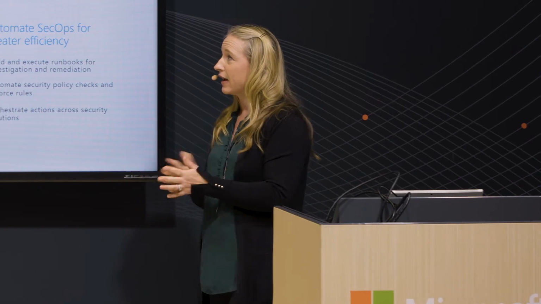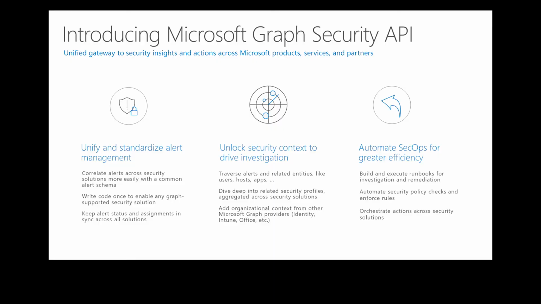So the security API is really designed to help with those challenges. It provides a unified gateway for connecting to security insights, not only from Microsoft's suite of security products and services, but those from our ecosystem partners as well. So we talked about the challenges around alerts, and here the security API can really help.